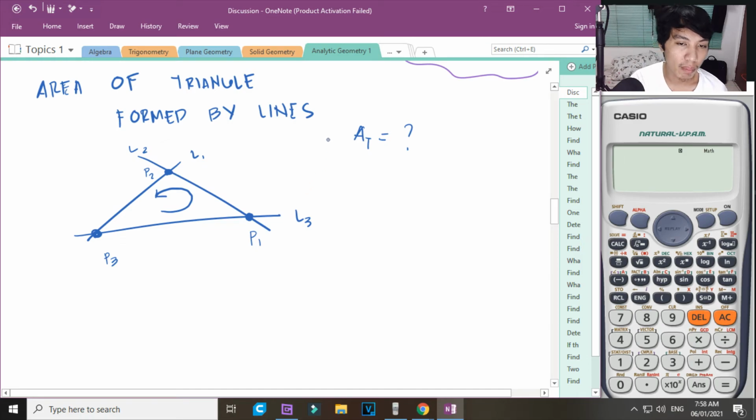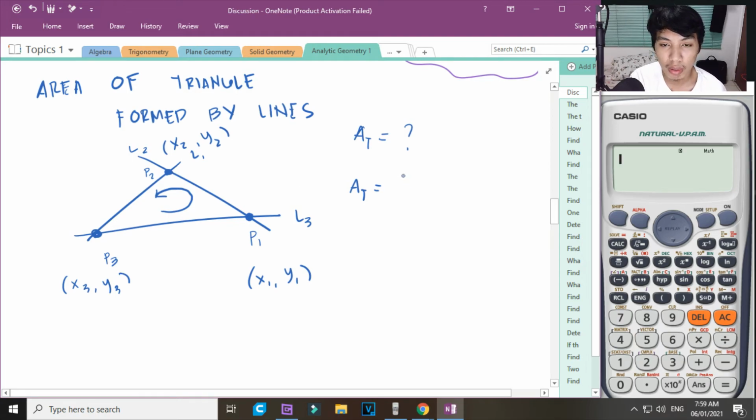Okay? Merong isang paraan dito para masolve mo siya. So, the area of the triangle, gamitin mo yung matrices. Meron ka ditong x sub 1, y sub 1, meron ka ditong x sub 2, tapos y sub 2, meron ka ditong x sub 3, and y sub 3. Ngayon, gamitin mo sila para makuha mo yung area. Gamitan mo ng matrices.